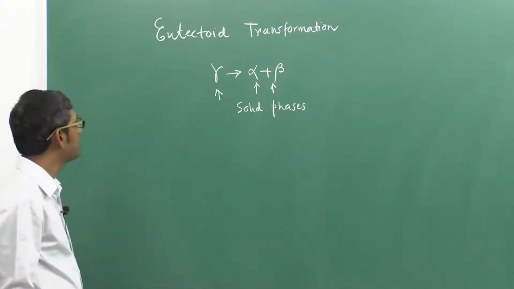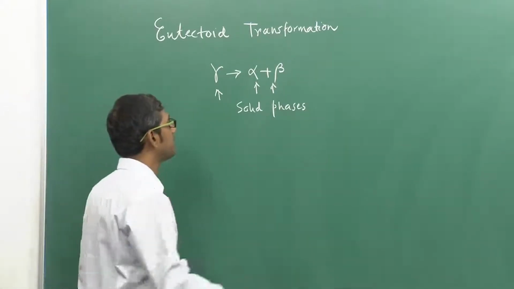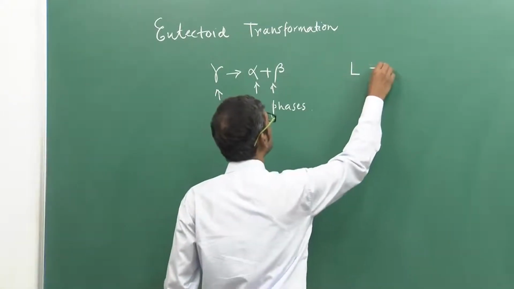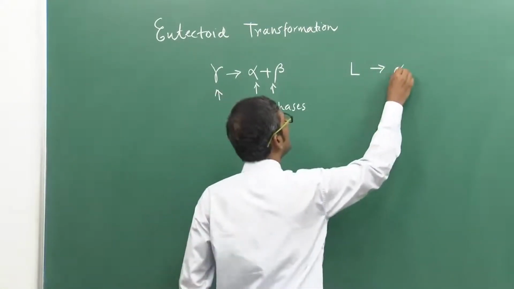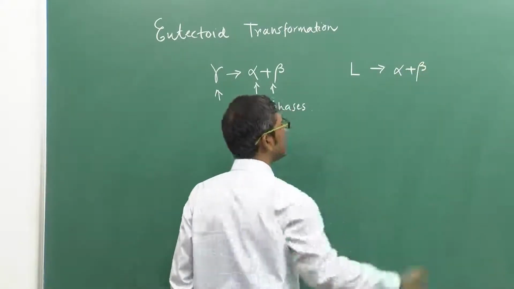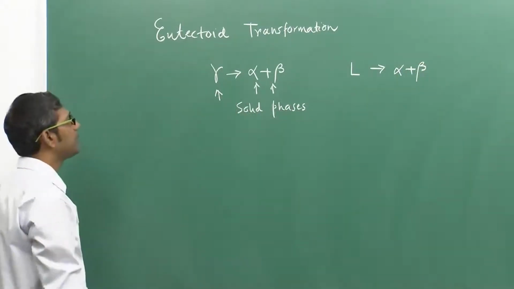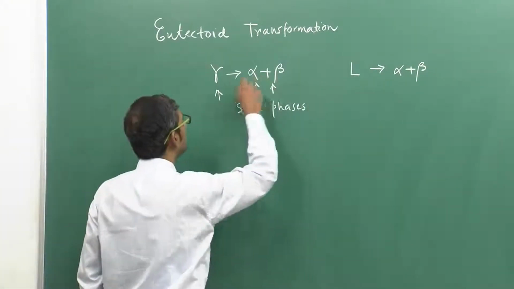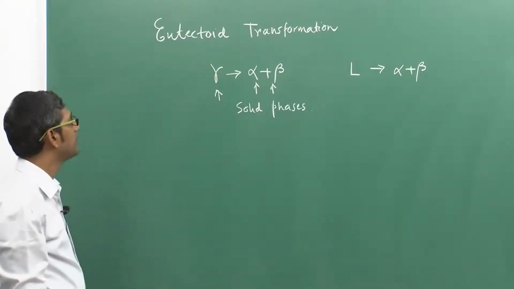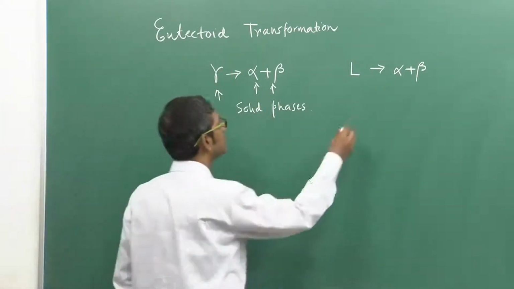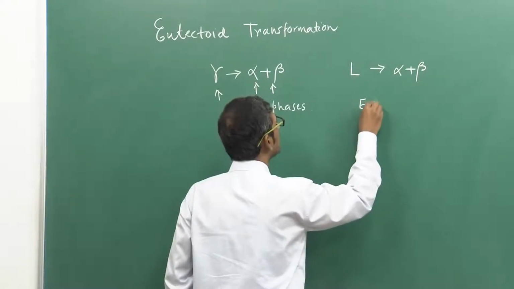Now this has a similarity with the eutectic reaction which I have discussed in solidification. We know the eutectic reaction is given by liquid going to two solid phases, alpha plus beta. So by simply replacing liquid with solid phase gamma, we could see that the eutectoid phase transformation can be achieved.